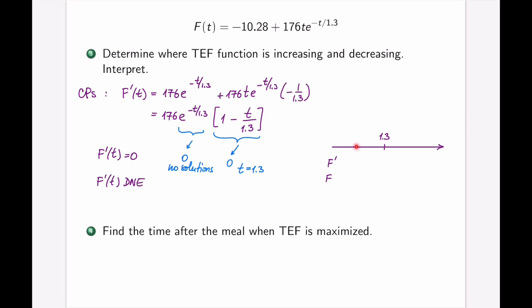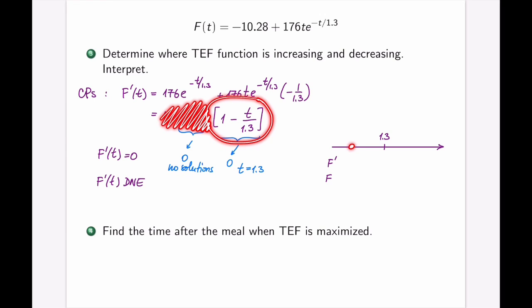I can pick a number here and plug it into the derivative. The other thing that is really easy to analyze with derivatives that involve exponential functions is the fact that e to any power, be it positive or negative, is always positive itself. So really, the first two terms here will forever be positive, and therefore, in terms of sign, I only have to think about what happens to this bracket.